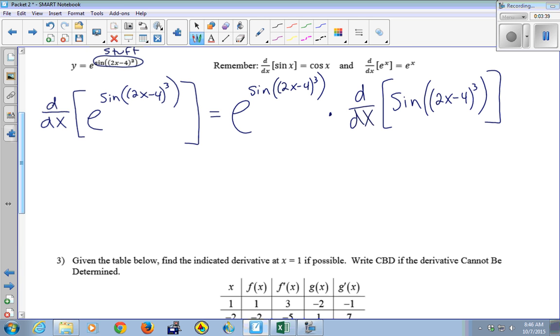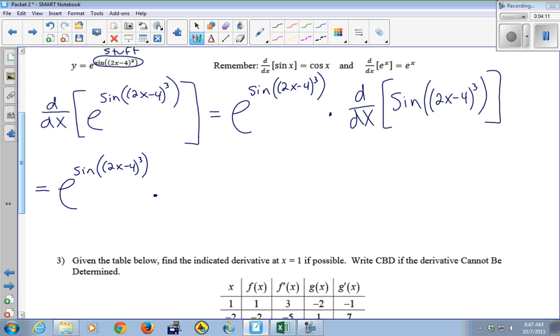I didn't even try to take that derivative. Yesterday when we were doing the chain rule, instead of writing down the derivative of the stuff, I just took the derivative and put it there. But because this derivative is pretty complicated, I wrote e to the stuff times the derivative of the stuff. And in the next line, I'll start trying to take the derivative of the stuff. I'm just going to copy my e to the sine of (2x minus 4) cubed times.